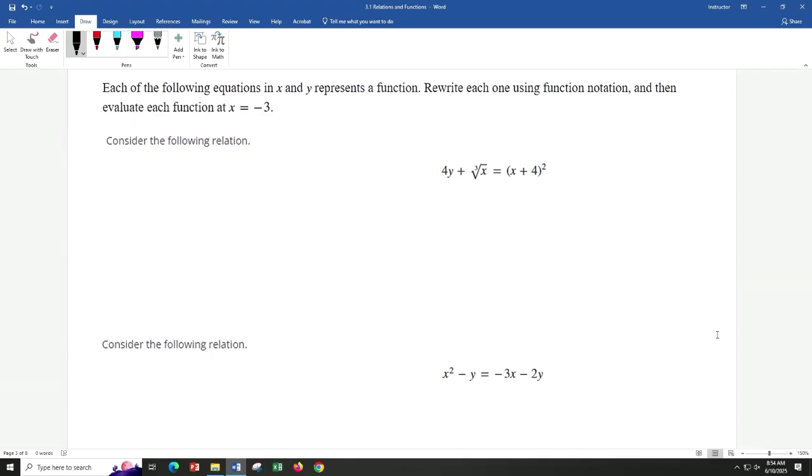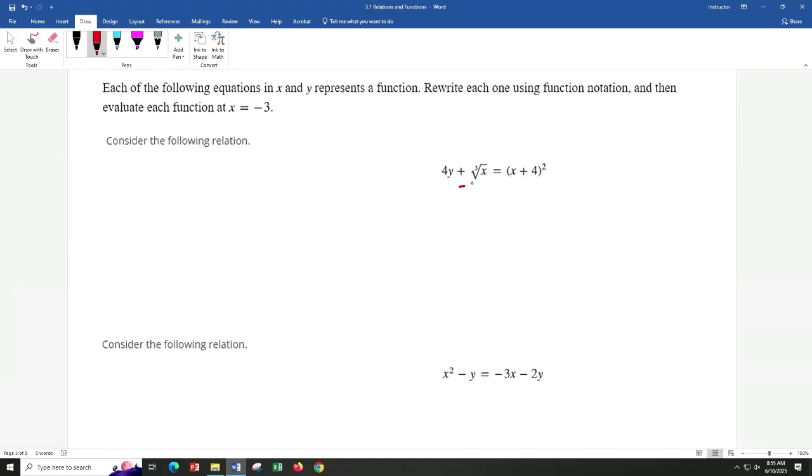The name of the game is this: get y alone. That's it. Get y by itself. This is pretty straightforward. While it looks messy, let's look at it carefully. Notice I've already got a y on the left-hand side.